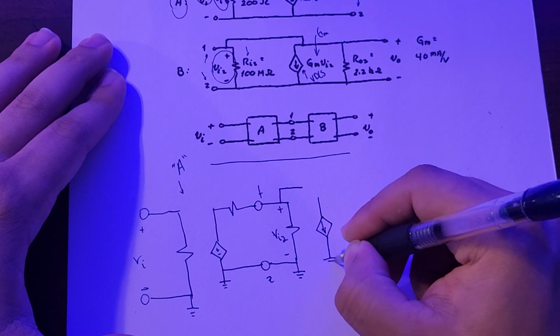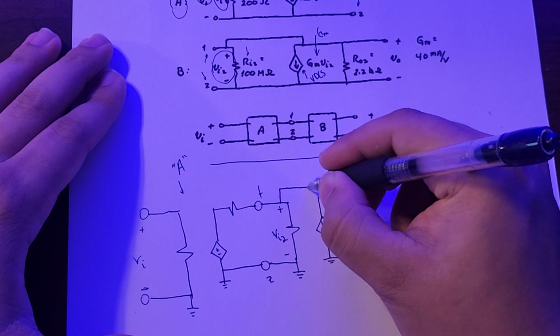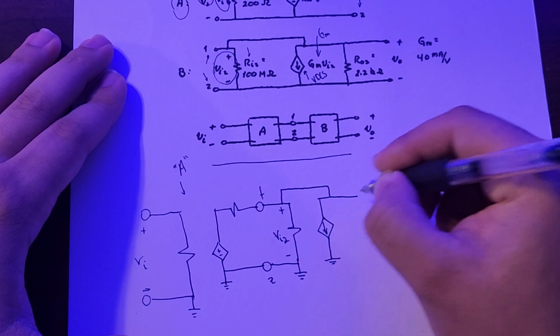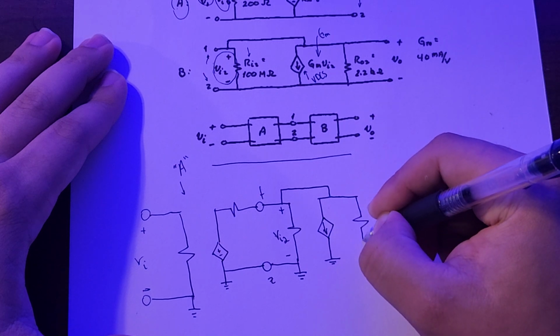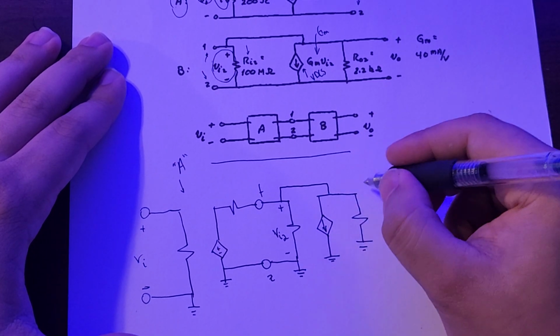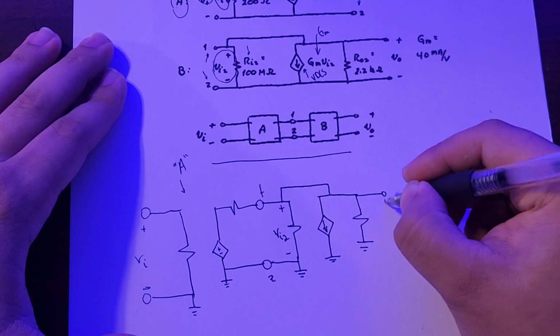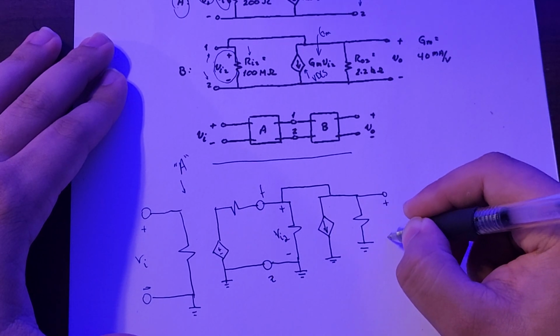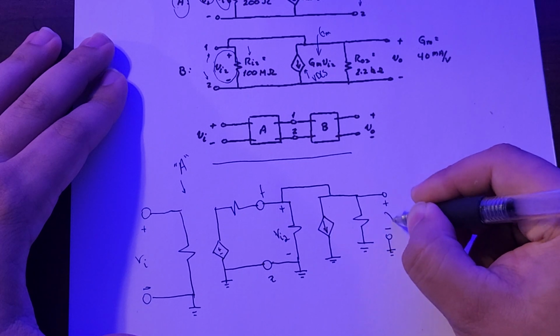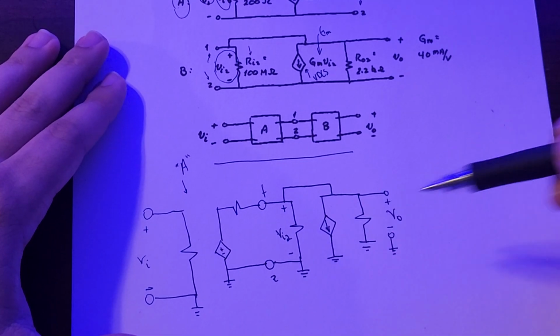Again, we can put this as ground. This is going to be connected to this voltage dependent current source. Okay, this is also connected to ground. And then finally we have this plus. We have this minus connected to ground also, minus VO. Look how much smaller that got. My bad.